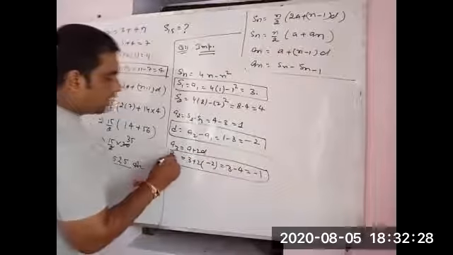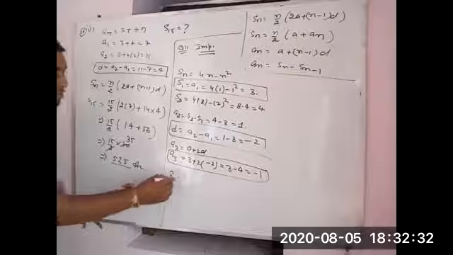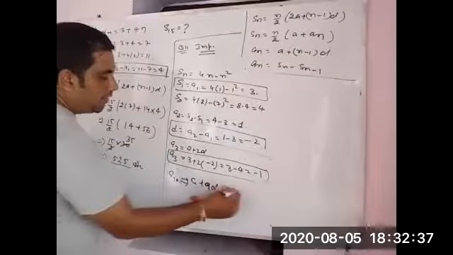So the third term we also got. Next is the 10th term. 10th term you can find by a plus 9d and you will do it yourself.